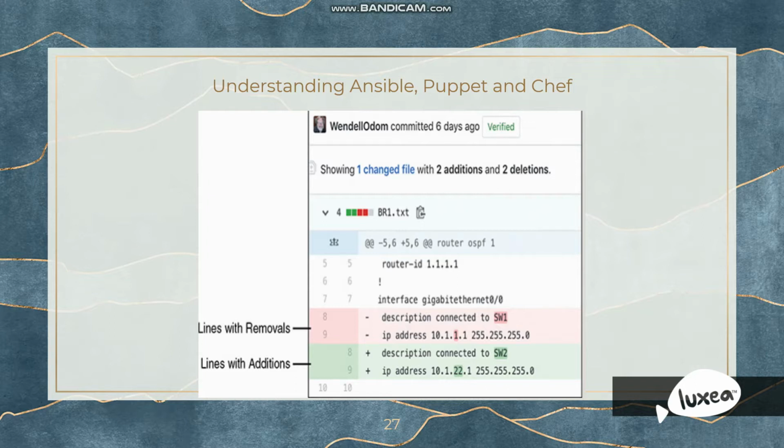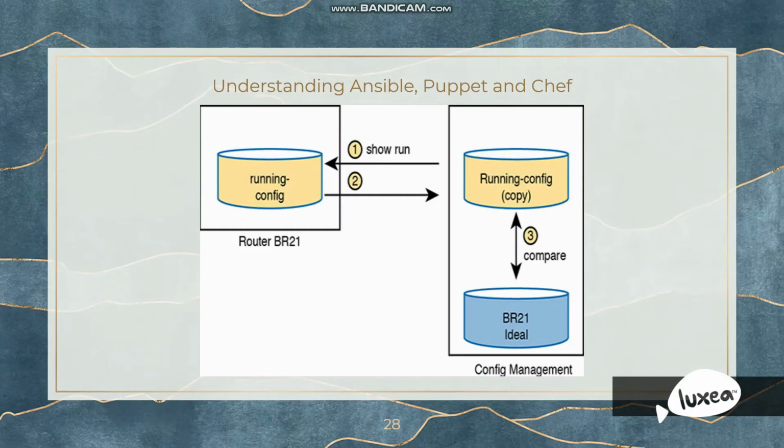They do compare, and they give us a result like this. And in this one, automated configuration management software asks for a copy of the running config file in steps 1 and 2. In step 3, the configuration management compares the ideal config file we talked about with the just-arrived running config file to check if there are any differences.